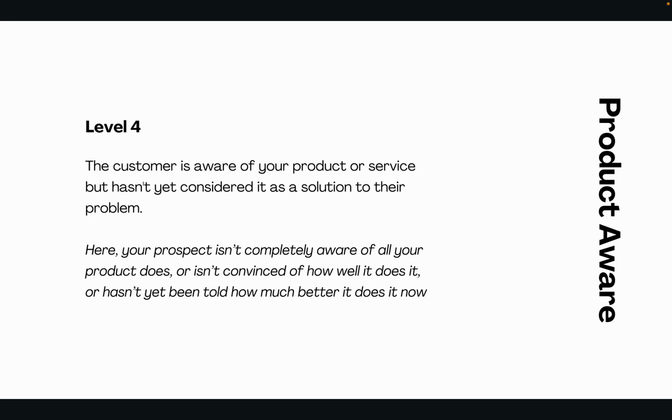Here, according to Schwartz, your prospect isn't completely aware of all your product does, or isn't convinced of how well it does it, or hasn't yet been told how much better it does it now. So we're talking about people who are product aware. They know about a product, but they've just not pulled the trigger yet, right?